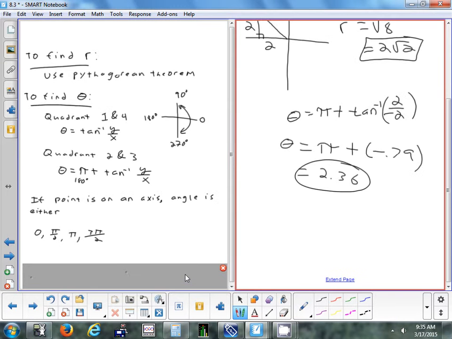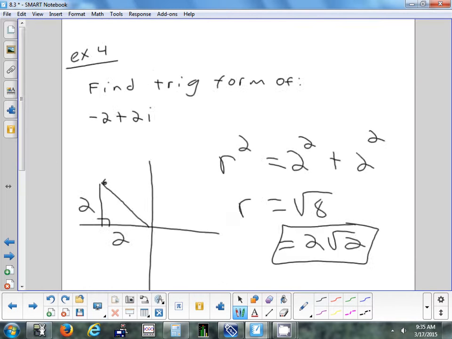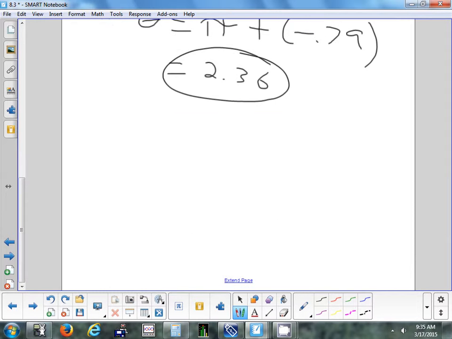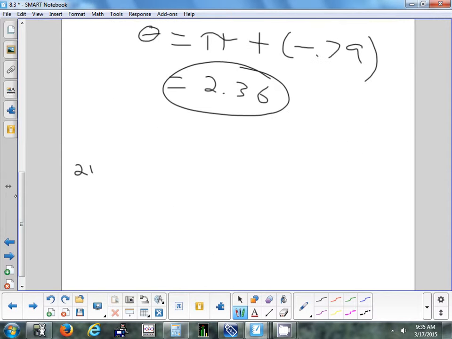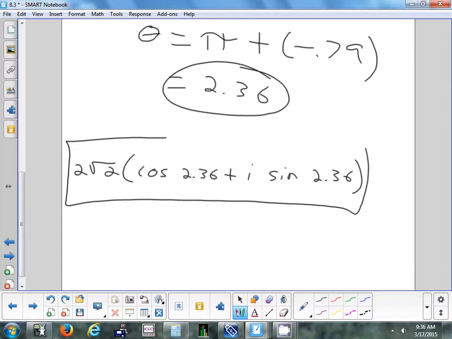Okay. Now we just put our final answer. So the final answer is r cosine theta. So let's look up. R was 2 square root 2. Our angle is 2.36 plus i sine theta. And that's the final answer.